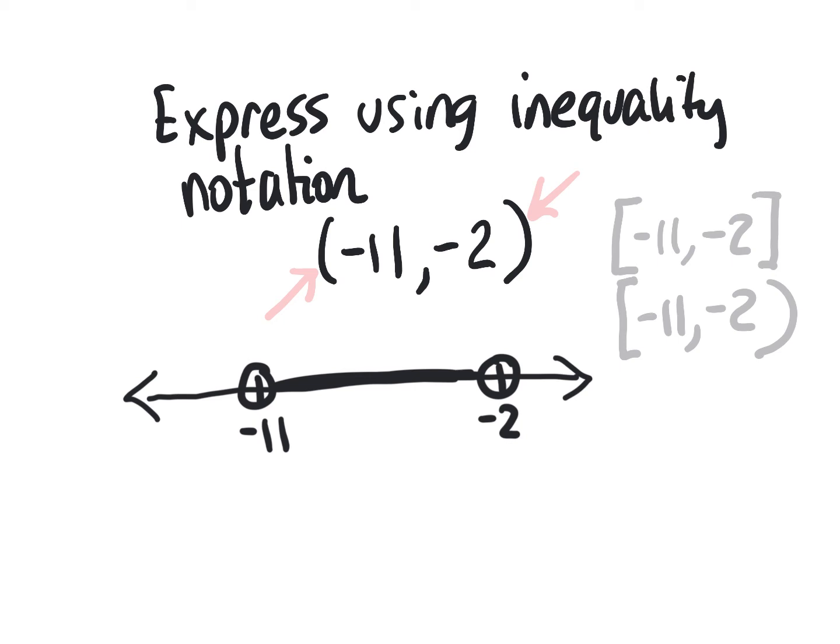And then to change it to inequality notation, I use that number line to help me write it. I want all the x's that are smaller than -2 but not equal to it. And I want all the x's that are bigger than -11 but not equal to it. So it's the x's that are between -11 and -2.